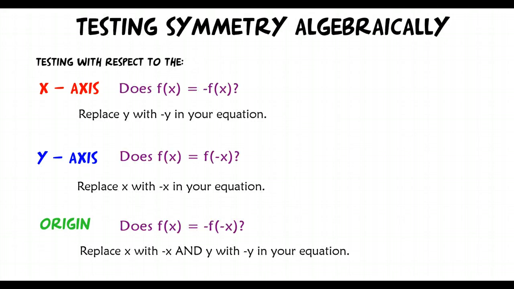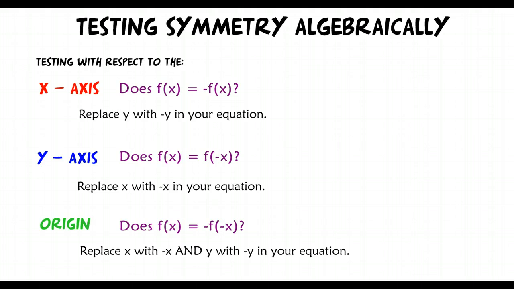Okay, now when you test symmetry algebraically, you're going to test with respect to the x-axis. So you ask yourself basically, does f(x) equal negative f(x)? In other words, what you're going to do algebraically is replace the y with negative y in your equation, and if you get a true statement, so you get the exact same original equation, that means it's symmetric with respect to the x-axis.